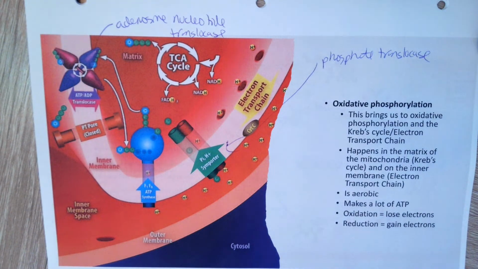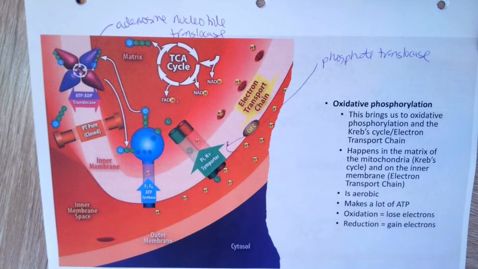Right, so here we are, ready to move on to oxidative phosphorylation in our biosynthesis of ATP part 2. Here we are thinking about these paired chemical reactions called oxidation and reduction.